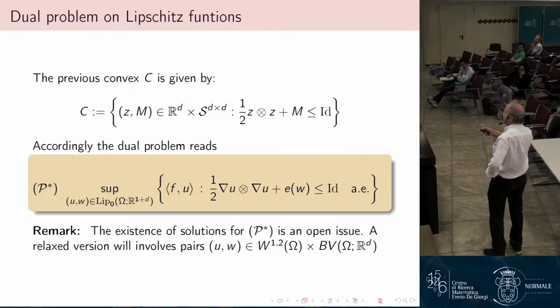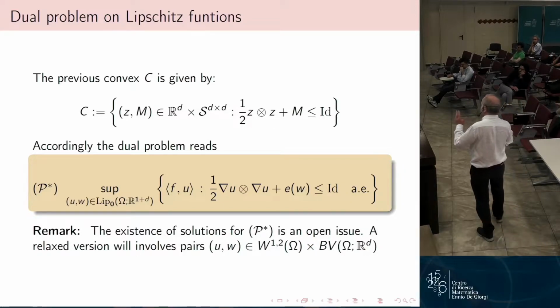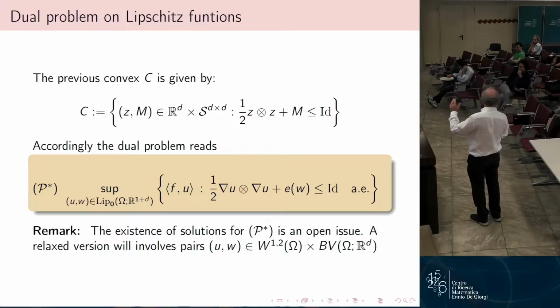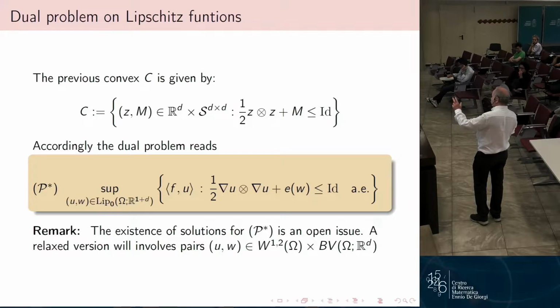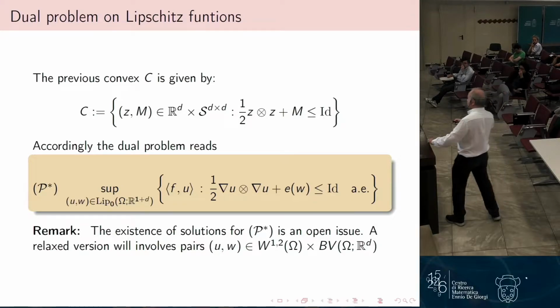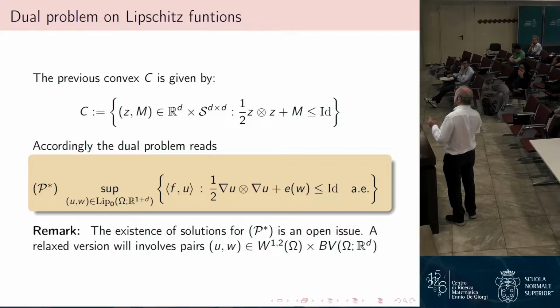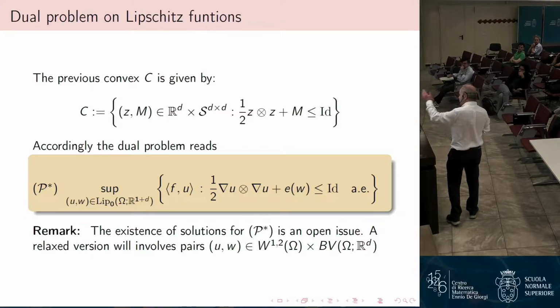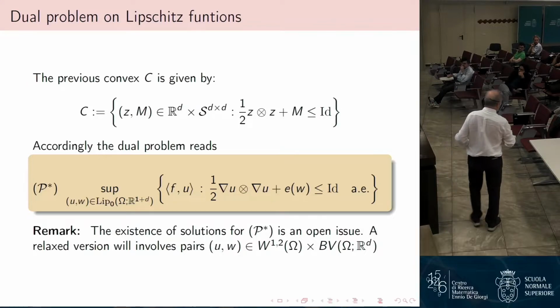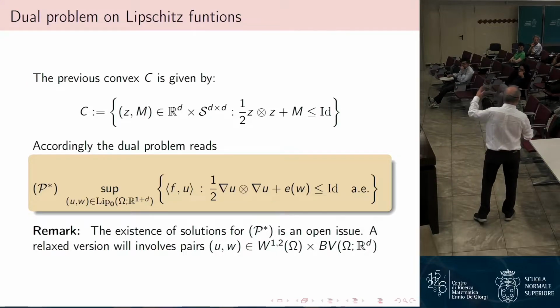Okay, and the dual problem. Before, it was the supremum of FU with gradient U smaller than 1. Here, instead of gradient U smaller than 1, you put the trace of this, and if W equals 0, you recover exactly, up to a factor 2. Well, the factor 2 is because of Carol. He wanted to put 1/2, and we will always have the square root of 2.